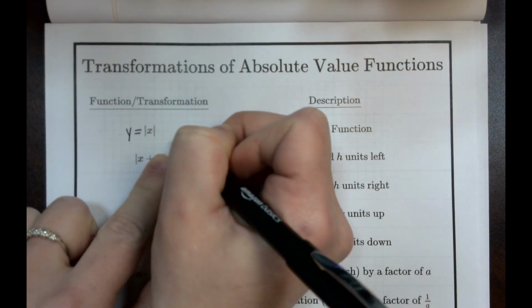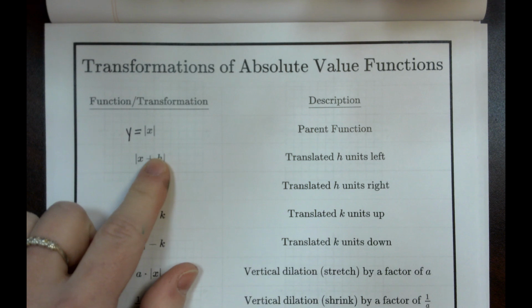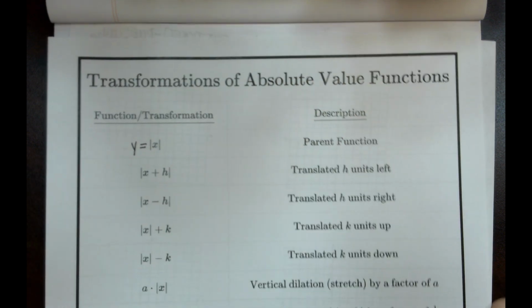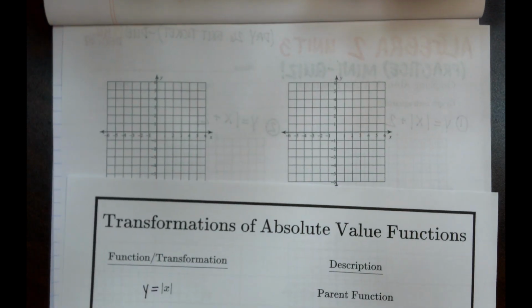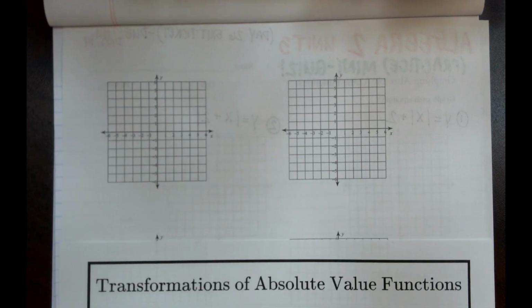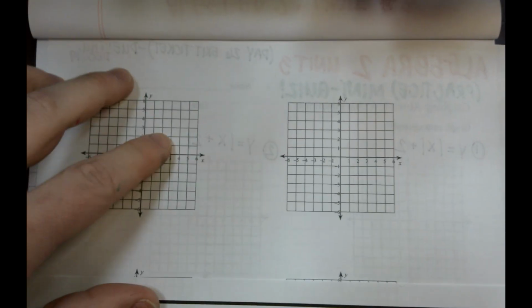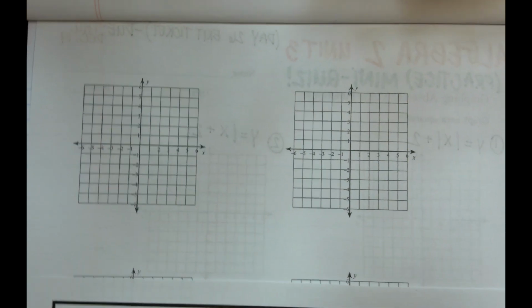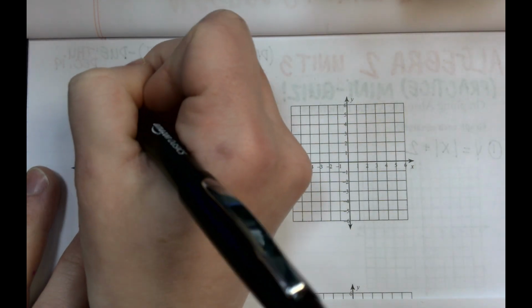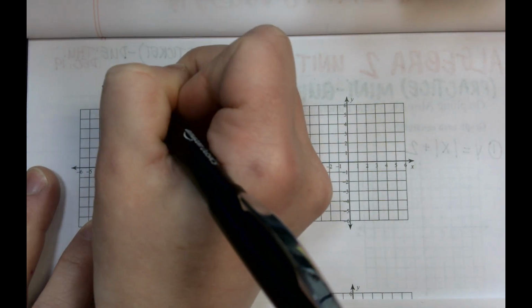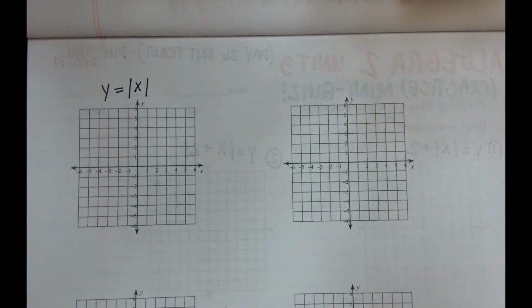So that would, let's see, how am I going to label that? Let's draw the graph of it. So let's look at our first little graph chart here. And above it, I'm going to write y equals absolute value of x.